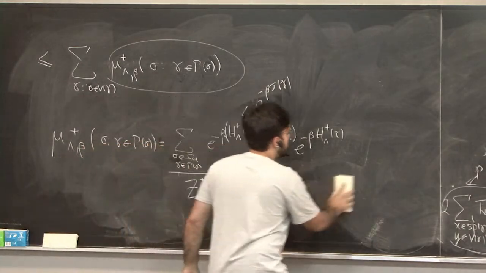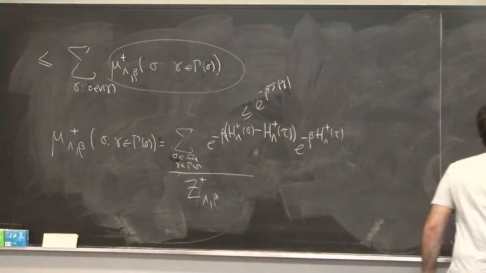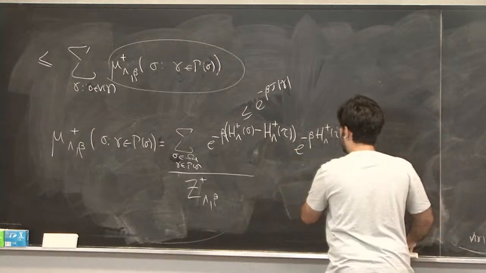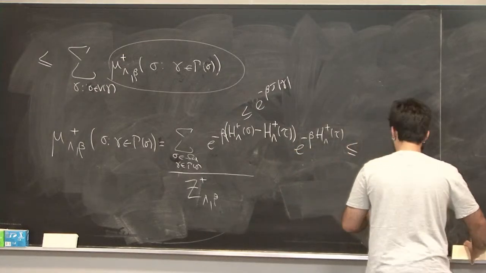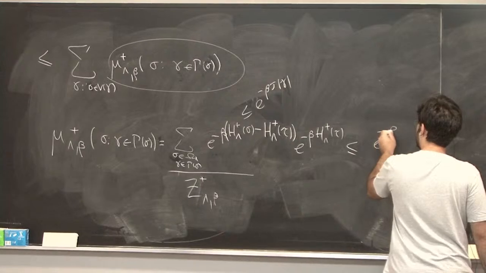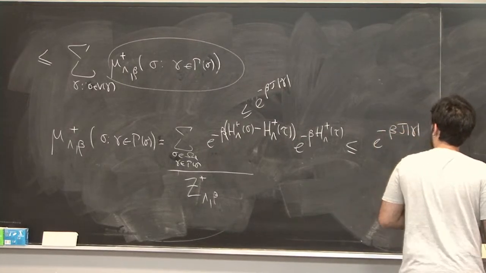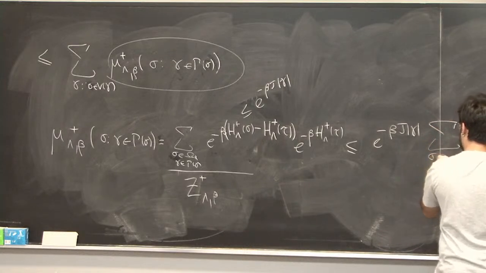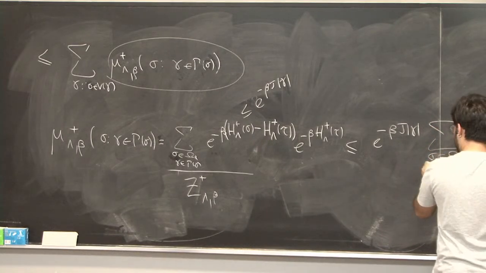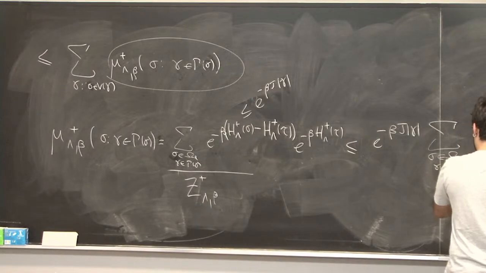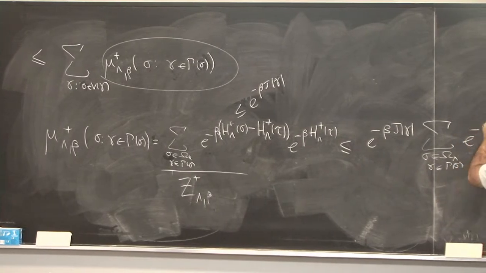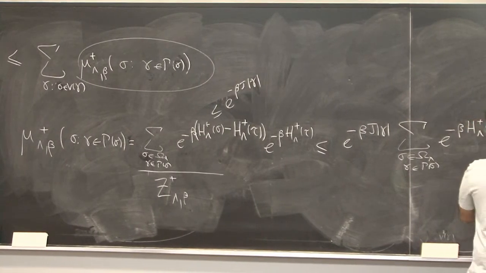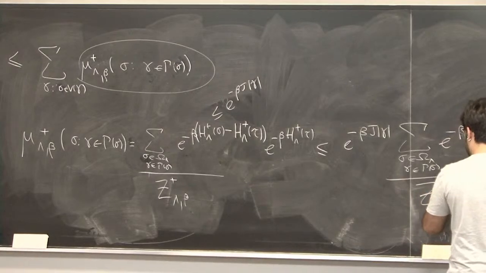So this probability will be less than exponential of minus beta J times the support of gamma, times the sum over all the configurations such that gamma is one of its configurations of exponential of minus beta H plus of tau sigma, divided by the partition function.